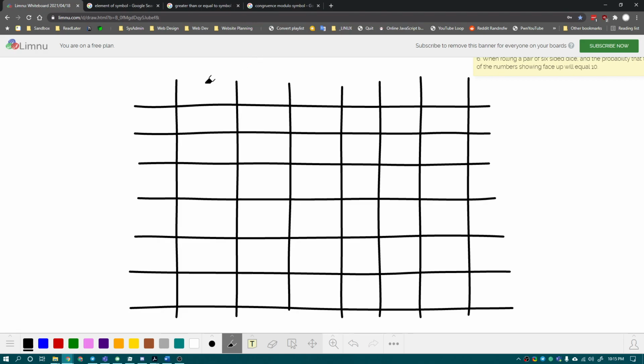So how many values, Arena, can there be on the first dice? 6. So what would I put in the first column here? 1. Right, and then 2, 3, 4, 5, 6. And then I'm going to do the same thing on the rows, because this is the other dice.